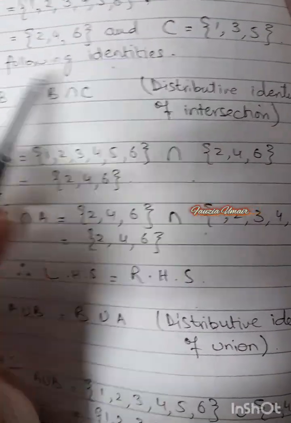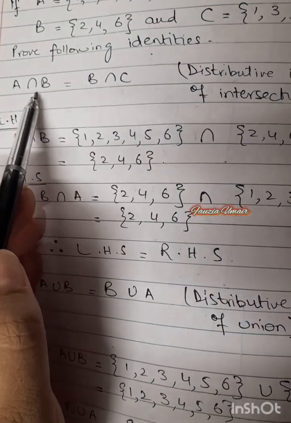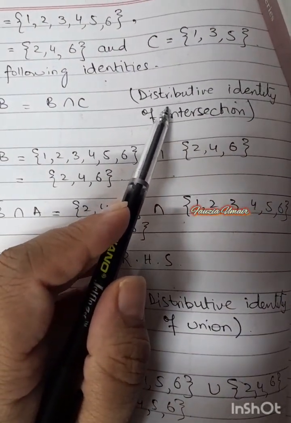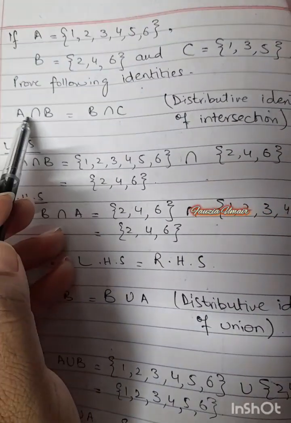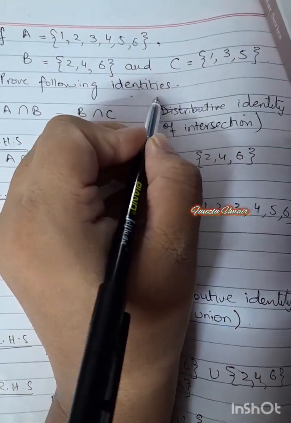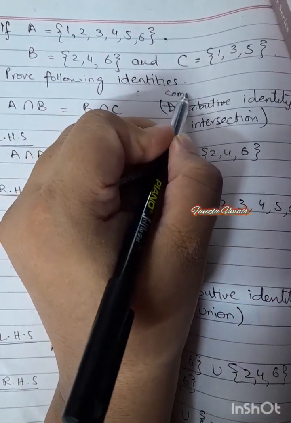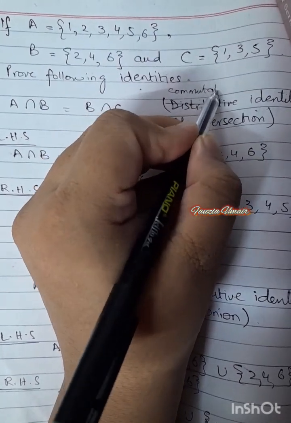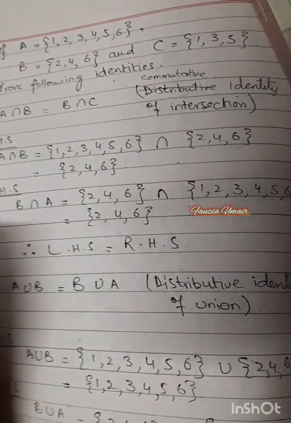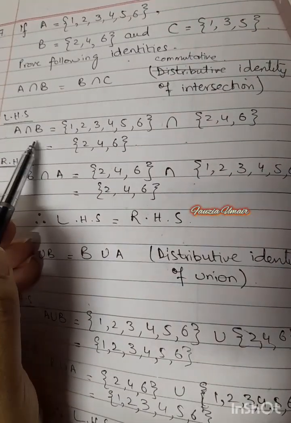A, B and C are given and we need to prove the following identities. So first part is basically not distributive, it is basically commutative identity or commutative law or commutative property of intersection, that A intersection B is same as B intersection A. So very simple question.